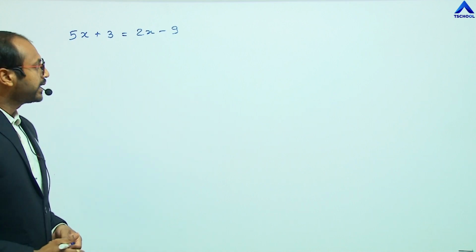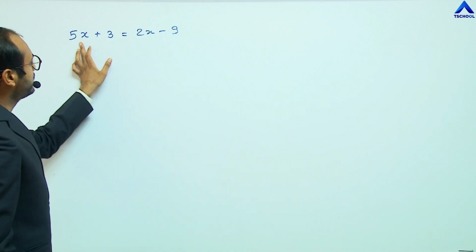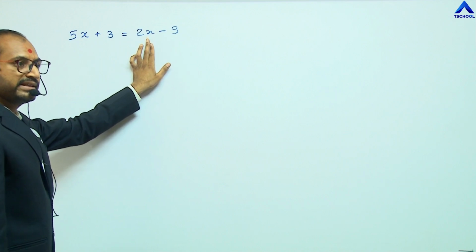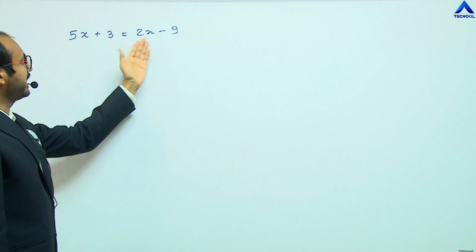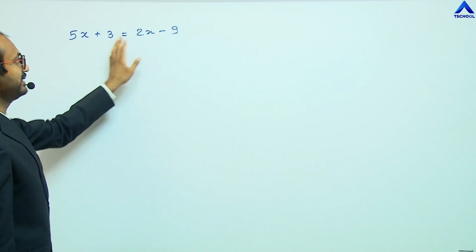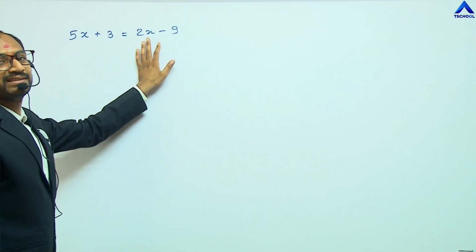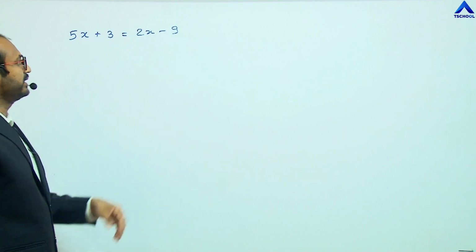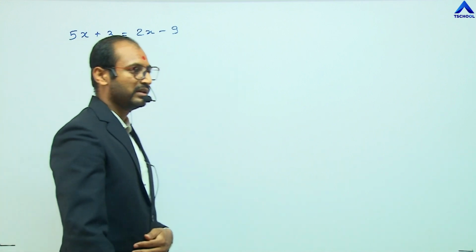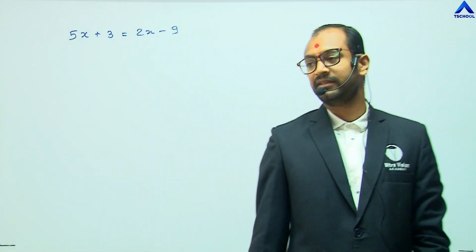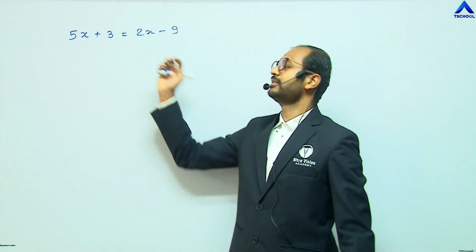Clear? Here the variable is x and it is available on both sides. See, here is x as well as here is also x. Then how can we solve an equation having variables on both sides?